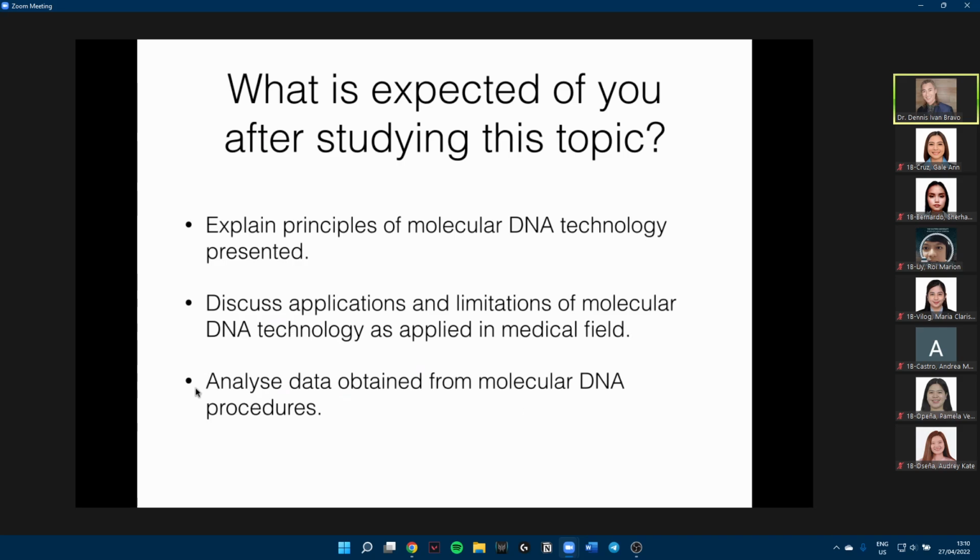And most importantly, you should be able to analyze the data that are obtained from molecular DNA procedures. And this is what you shall be mainly tested on during your major examination. So there will be a lot of cases, a lot of results, and I will be asking you to interpret and give your findings in the examination.